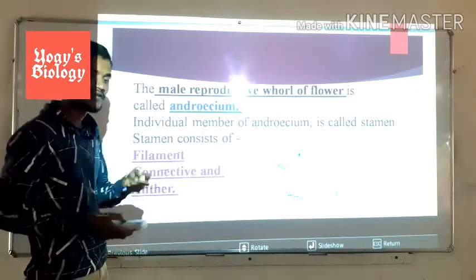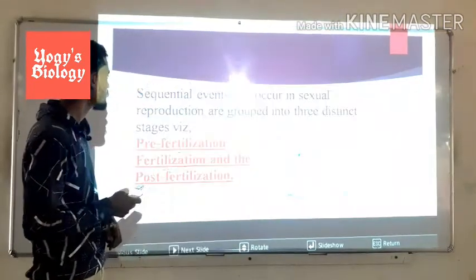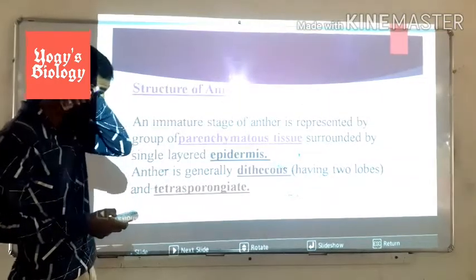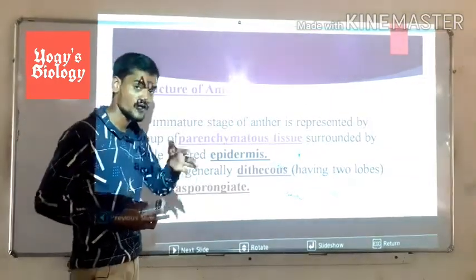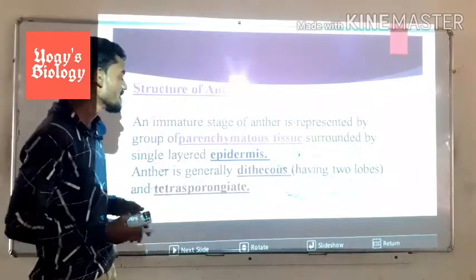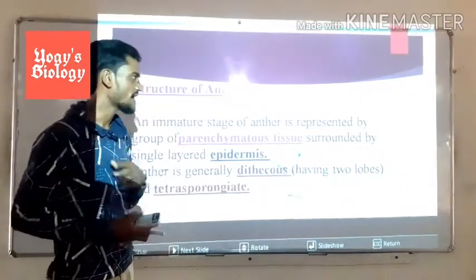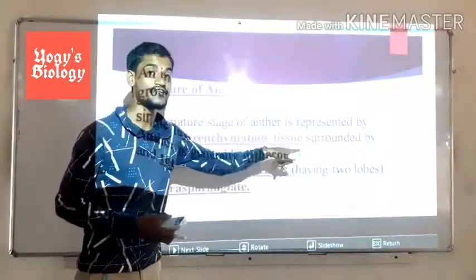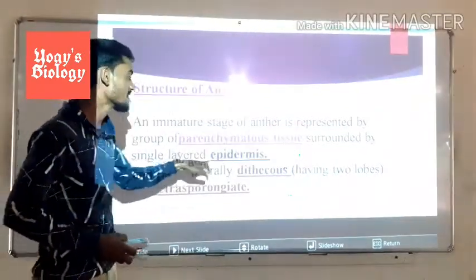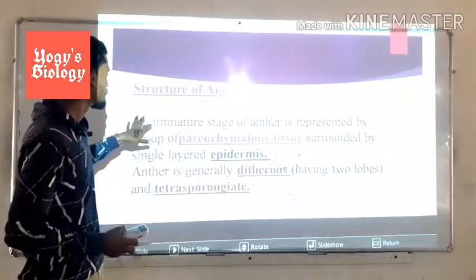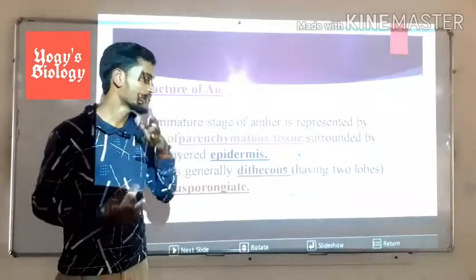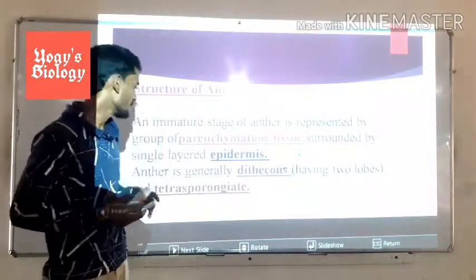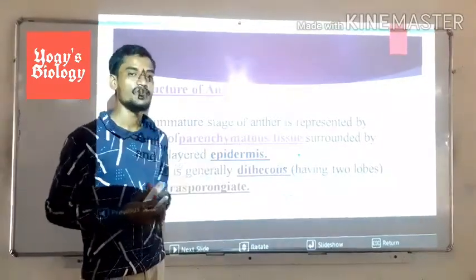Next is the anther. Structure of anther. In the immature stage, the anther is represented by a group of parenchymatous tissue surrounded by a single layer of epidermis.